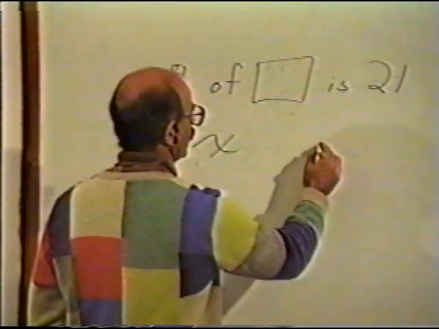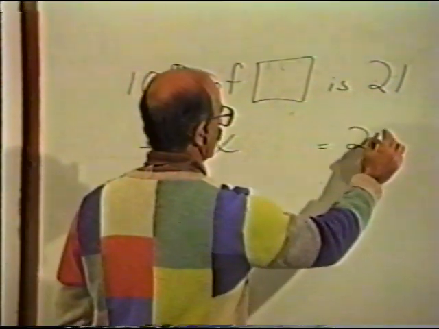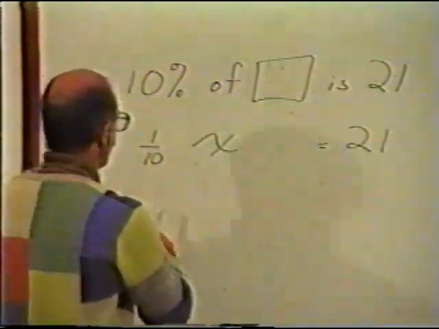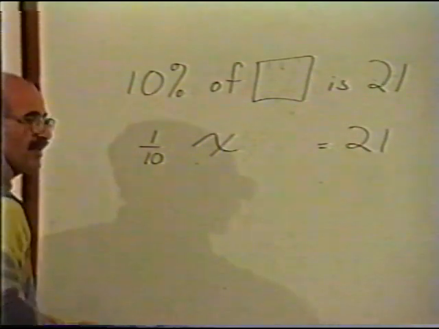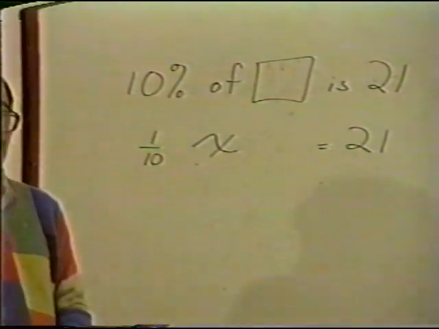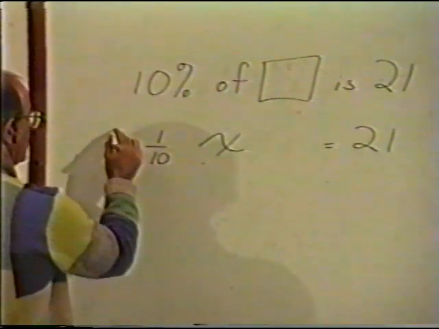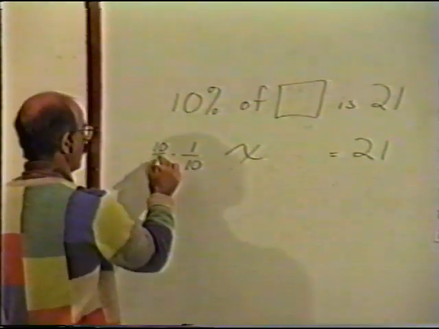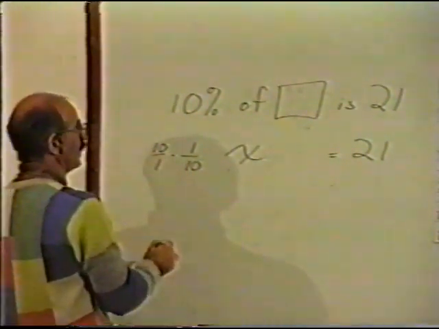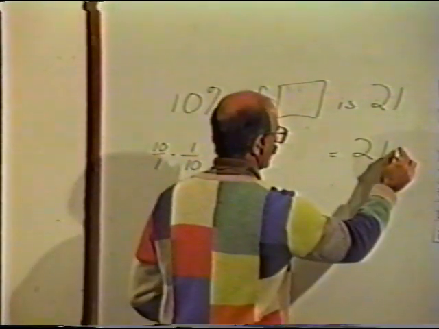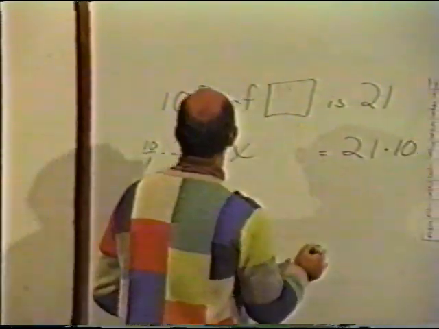1/10 x equals 21. Since we have a fraction in front of the x, we have to multiply both sides by the flip-flop, which is 10 over 1. And on this side, we'll just put 10.